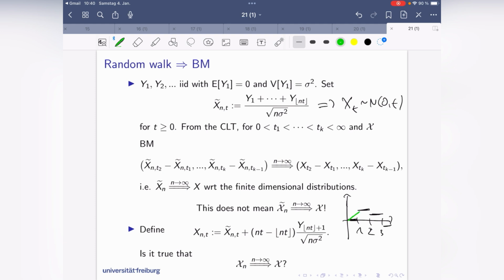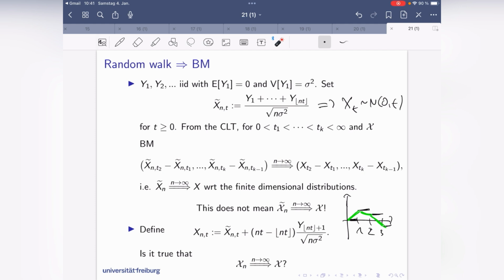So nothing stops me from using this, this, and this. And the difference is not huge in absolute values, but the difference is that the green curve now has a continuous path. That's exactly what I did in this formula here. So I used a linear approximation to approximate my thing here.